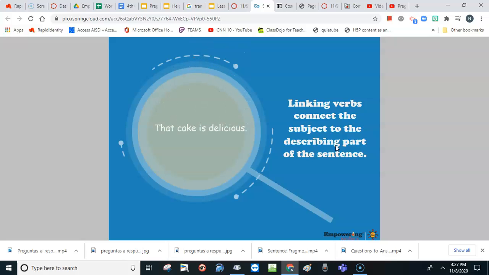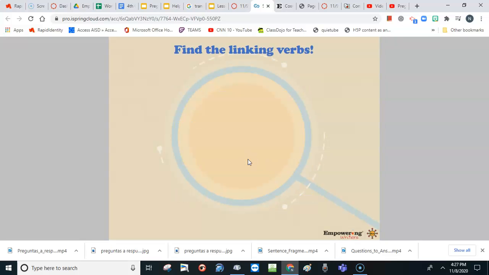That cake is delicious. Is is the linking verb, linking the subject, the cake, and delicious describes the cake. So is is connecting these two parts, the subject and the predicate, which is the describing part.